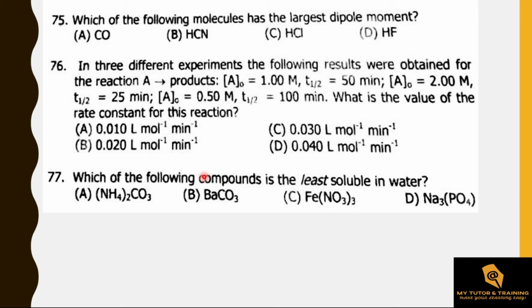Look, the unit of rate constant is liter per mole minute. በሁሉም አማራጮች ላይ የK ዩኒት ማን ነው? ሊትር per mole minute ነው። ስለዚህ የK ዩኒት ሊትር per mole minute ከሆነ እናንተ አሁን ምንም ሌላ ነገር ማሰብ የለባችሁም። ሪአክሽኑ ስንተኛ ኦርደር ነው ማለት ነው?